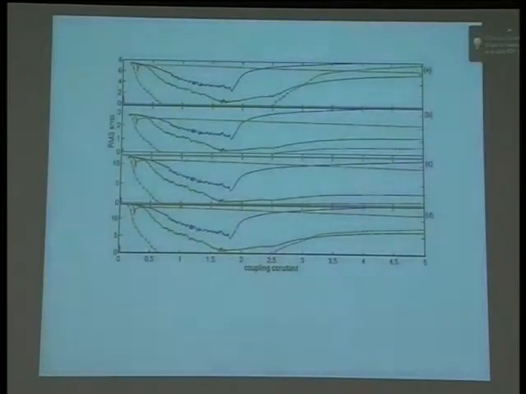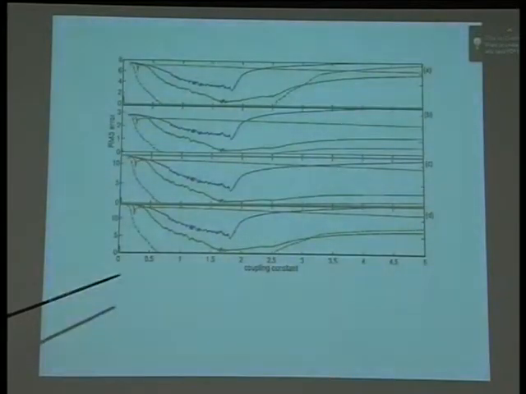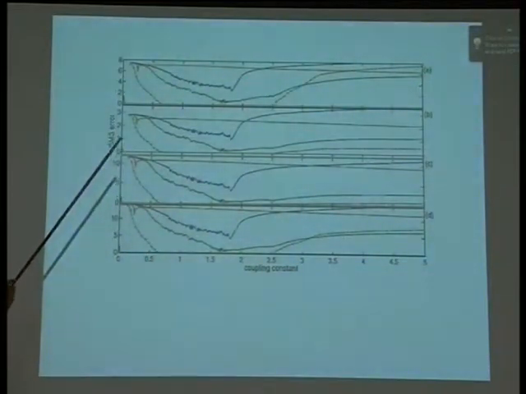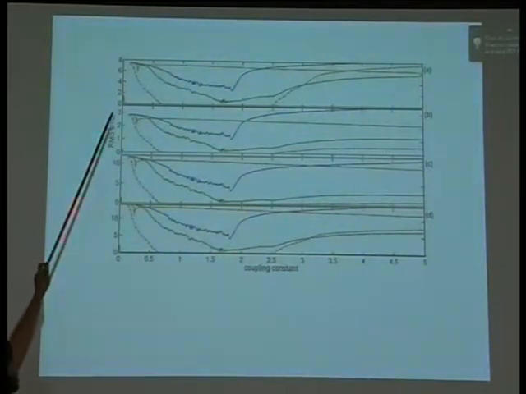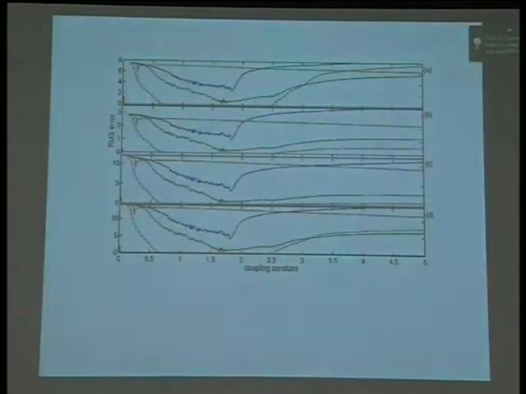But when we increased the observation time, the RMS error is increasing. That is the RMS error for X, Y, Z, all three.